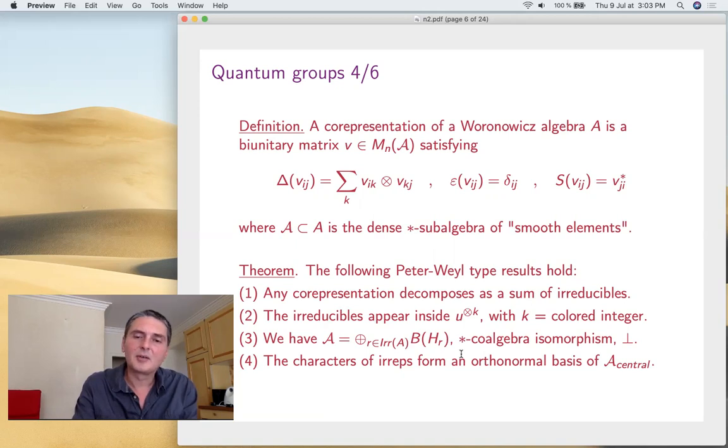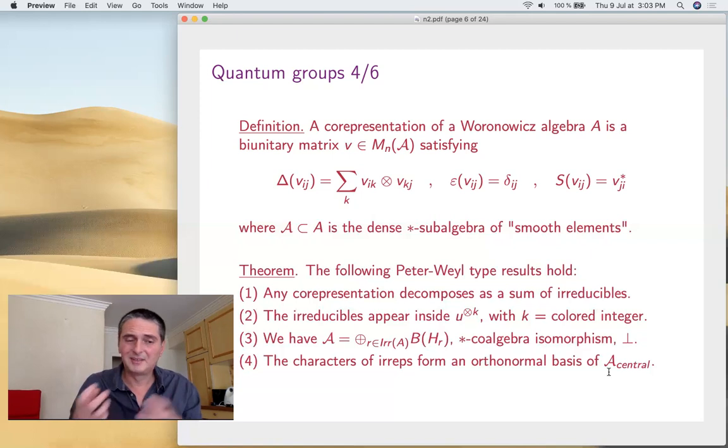More precisely, a star co-algebra isomorphism, and the summands are orthogonal with respect to the integration, exactly as in the classical case. And finally, the characters of the irreps, the traces, form an orthonormal basis of the center. The center is the elements of A which are invariant under the flip. So we have Haar and Peter-Weyl.